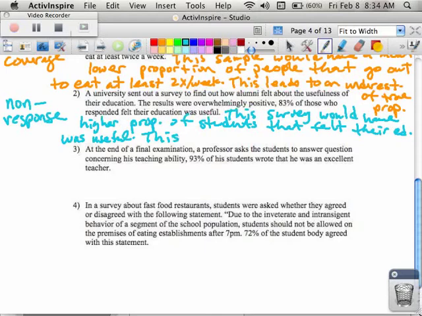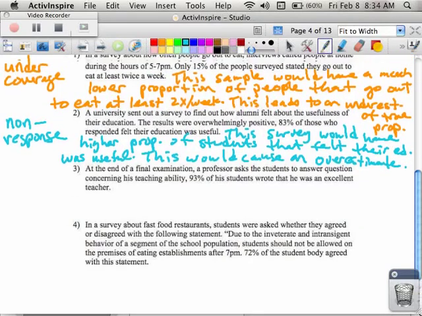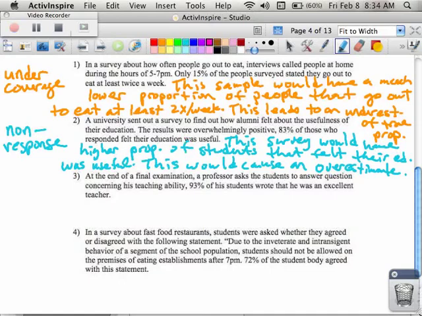So this would cause an overestimate rather than an underestimate. One of the things they usually ask on tests is whether you think it's an overestimate or an underestimate. So the first one would be an under and this one would be an over.